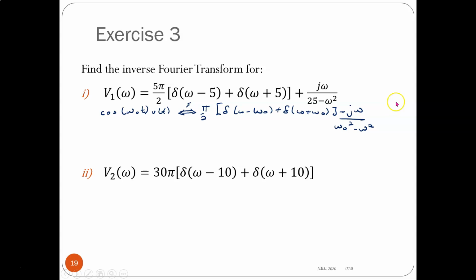We match with the original equation in the frequency domain here, right? There is another number here, which is 5, the amplitude of the cosine function, and omega naught here is 5. So from here we can obtain the inverse Fourier transform of V1 omega, which is v1(t), equal to 5 cos 5t u(t). So this is the answer.